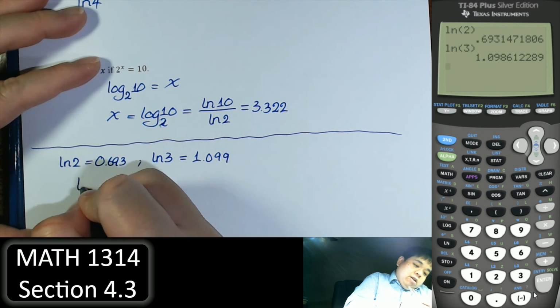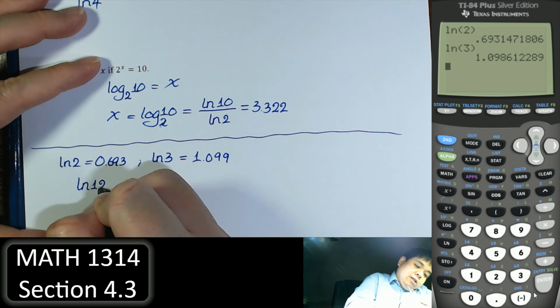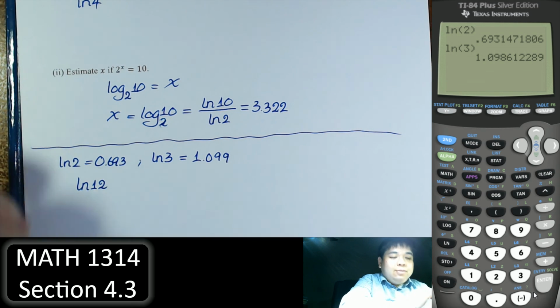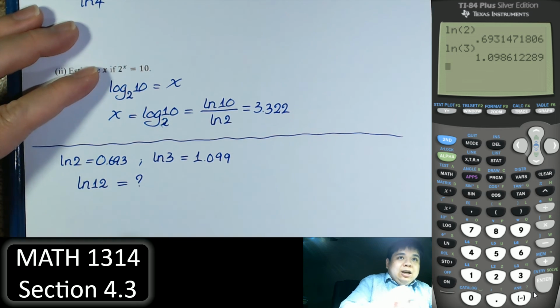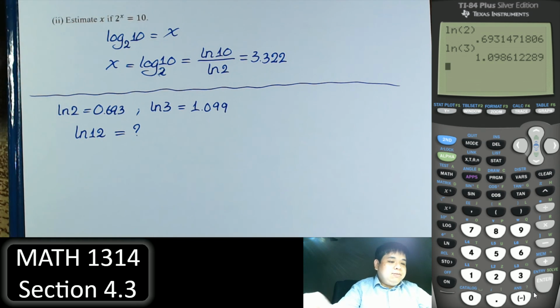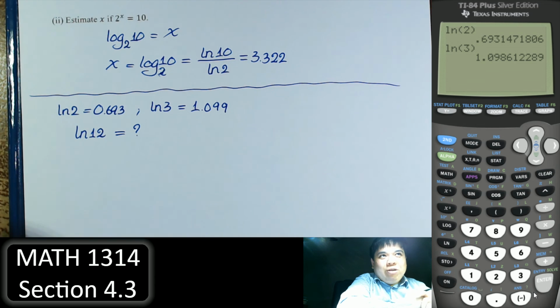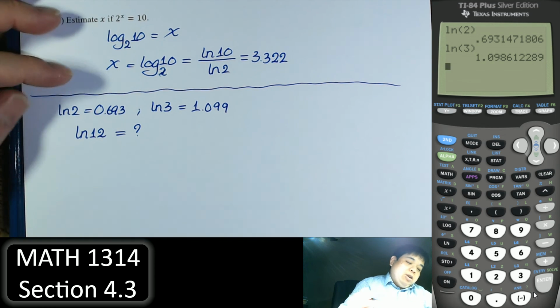Ask you what is ln of 12. So say if that is the question, of course we put ln of 12 on the calculator, but let's say we don't, we only have ln of 2, ln of 3. How do we get to ln of 12?